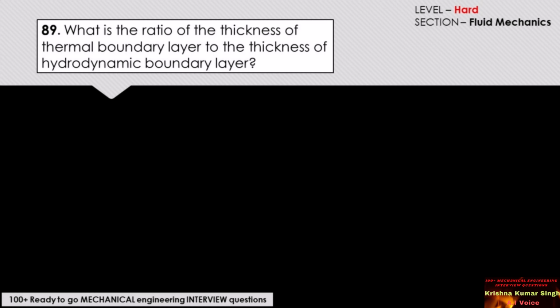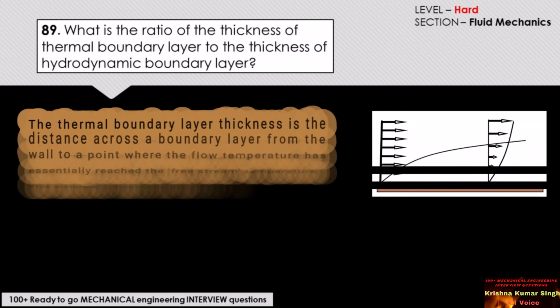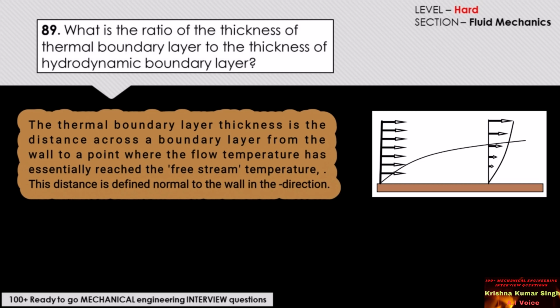What is the ratio of the thickness of the thermal boundary layer to the thickness of the hydrodynamic boundary layer? The thermal boundary layer thickness is the distance across a boundary layer from the wall to a point where the flow temperature has essentially reached the free stream temperature.